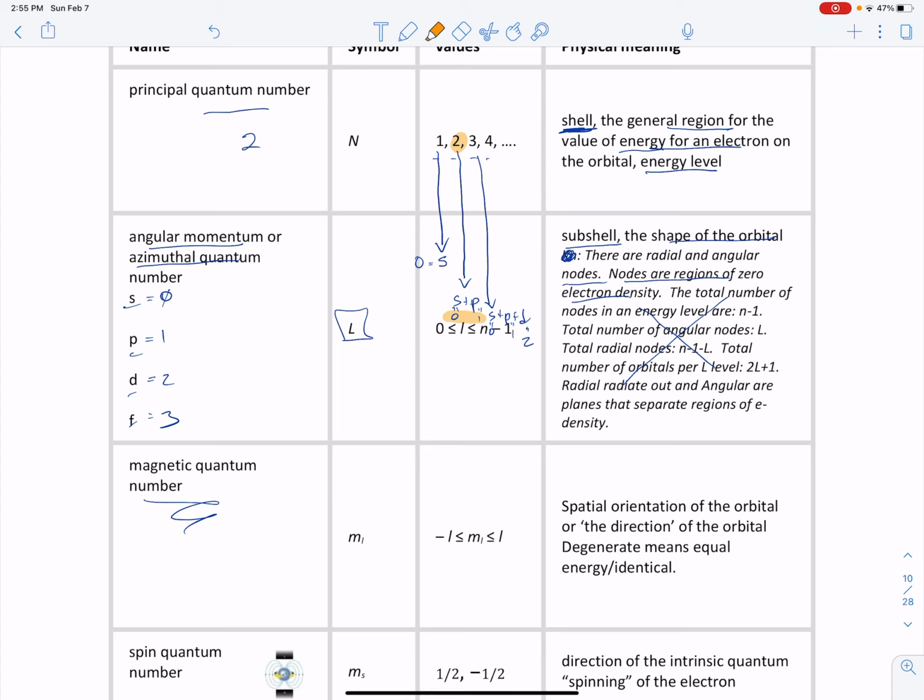Notice that they are both 1 level less than 2. It's 0 and 1. They're at least 1 less. And again, here, see, that's a 0, which is less than 1. That's kind of what they're getting at. And here with the 3, so 2, 1, 0. The L value is always at least 1 less than the energy level.